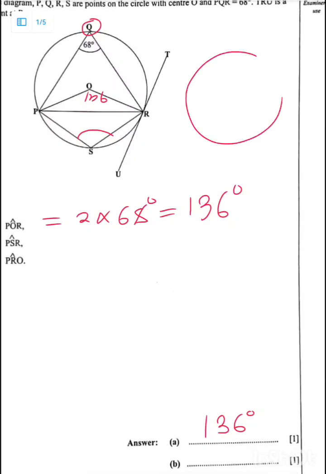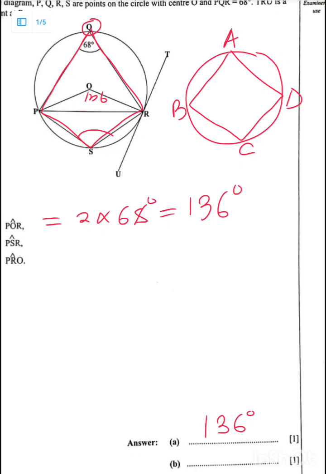In a cyclic quadrilateral, if you have A, B, C, and D, as long as it is a cyclic quadrilateral, like this one, this angle plus this angle should always give us 180. So what are we saying? We are saying A plus C should give us 180 degrees. The same thing applies to B and D. When you add them, they should give you 180.